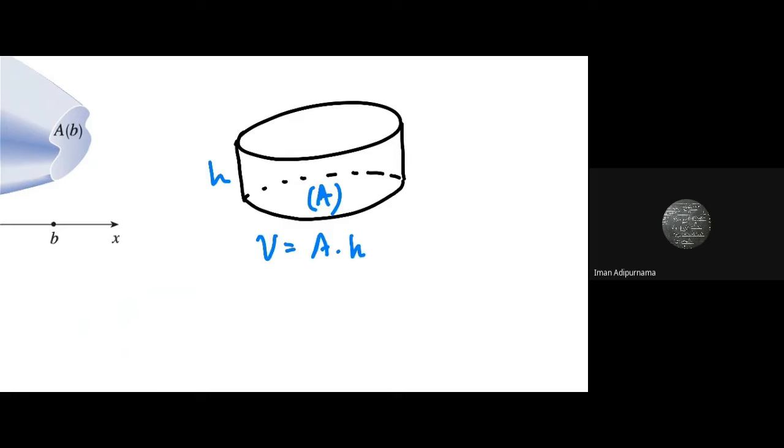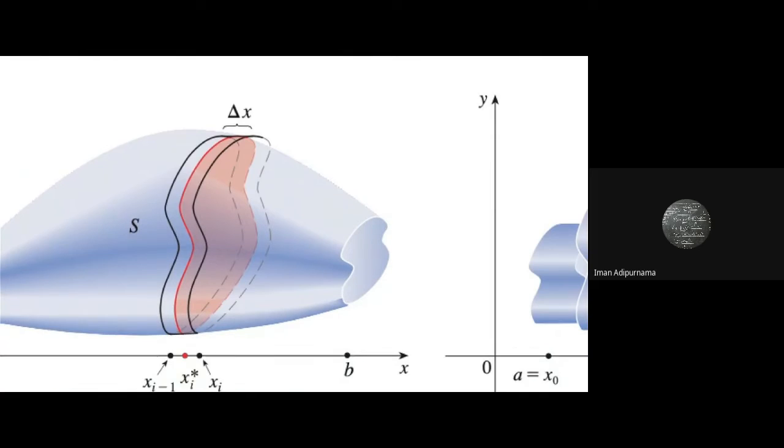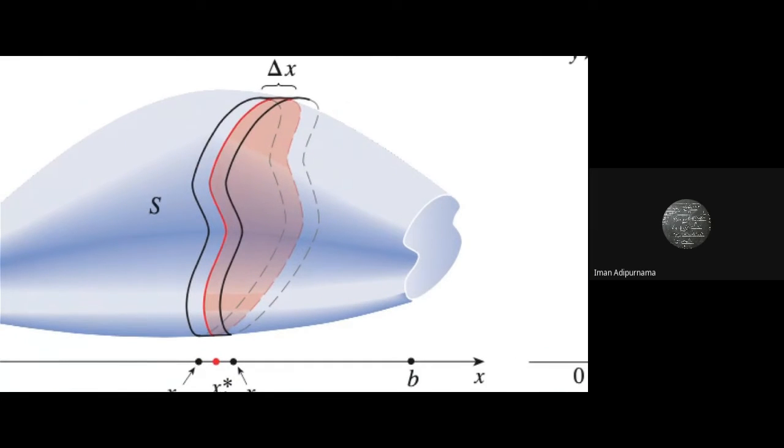Generally speaking, if we look back into the volume here, if you want to calculate the volume of one piece here, it is area multiplied by the height. The height we take as delta x.